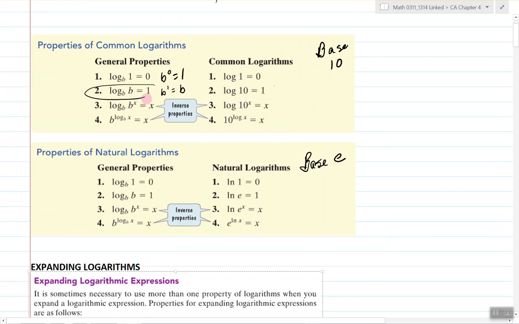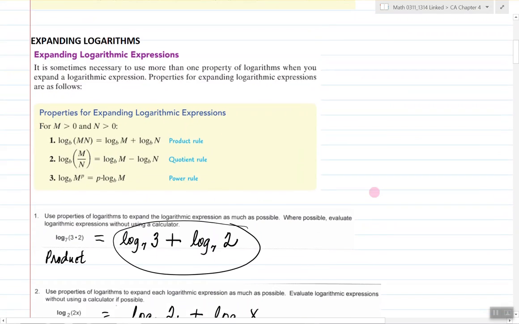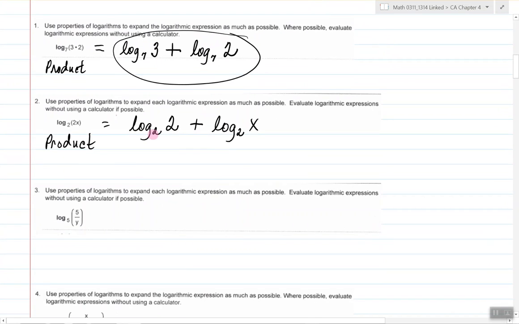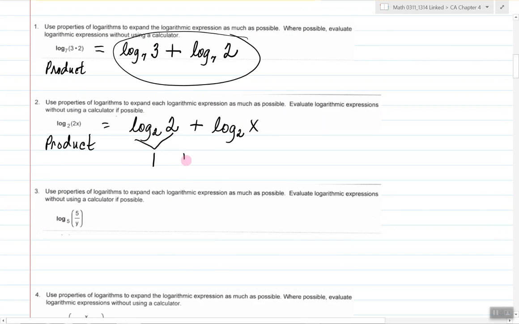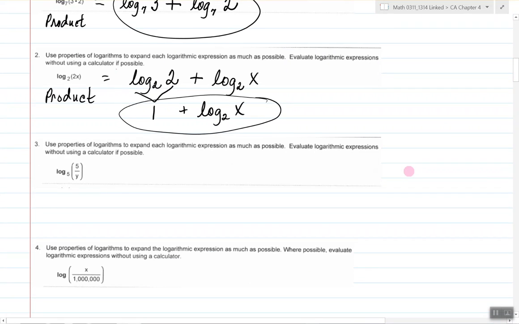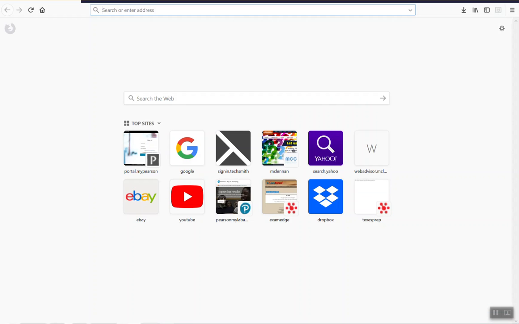If the base is the same as the argument, you get 1. The base is 2, the argument is 2. This simplifies to the number 1 plus log base 2 of x. We want to make sure that we check to see if one of those earliest properties is needed to simplify something.